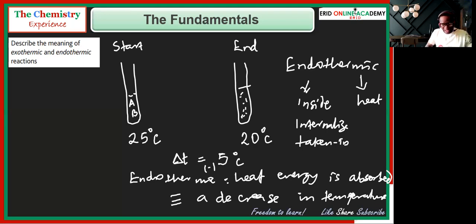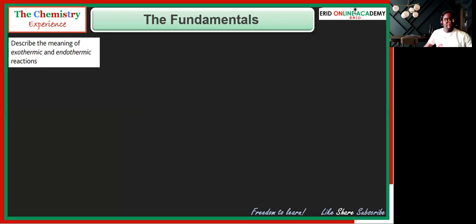So in terms of meaning, I want to be sure that the meaning of endo and exo is cleared. Now, to reinforce what I just explained, for chemical reactions, because you may be asking, the heat energy absorbed goes where?